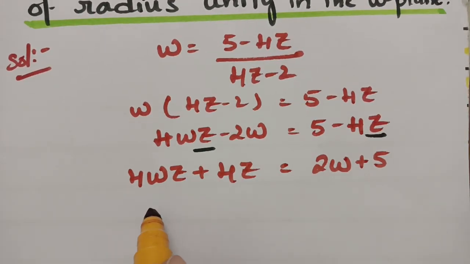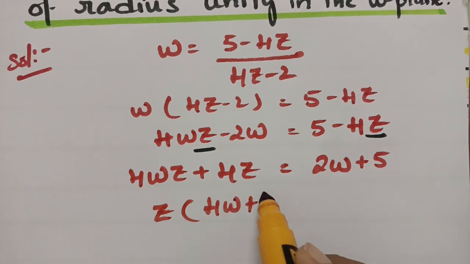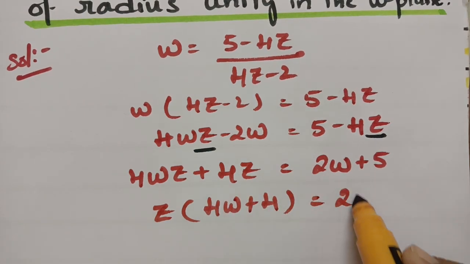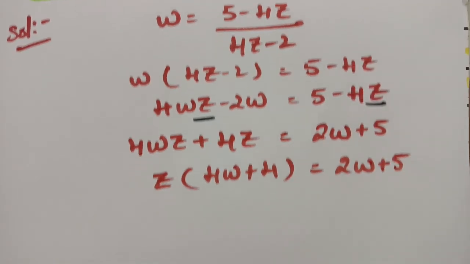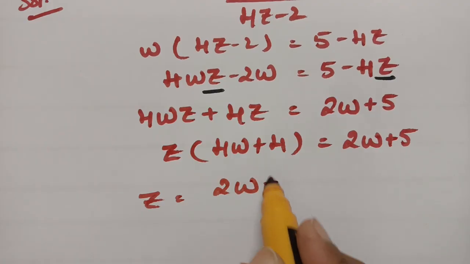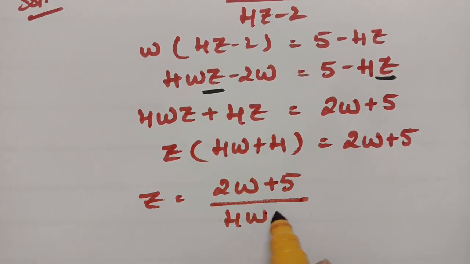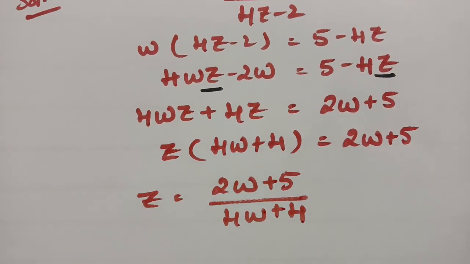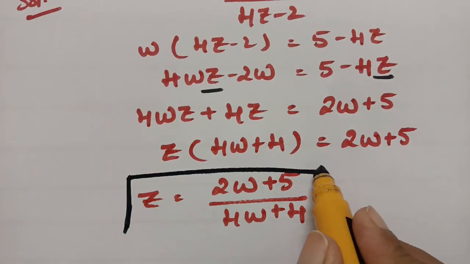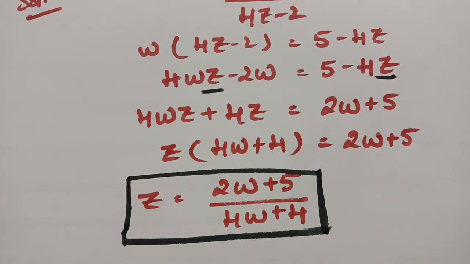If I want the value of z, I take z common: z(4w + 4) = 2w + 5. Clear? Therefore our z value is equal to (2w + 5)/(4w + 4). Clear? So now this is our z value.